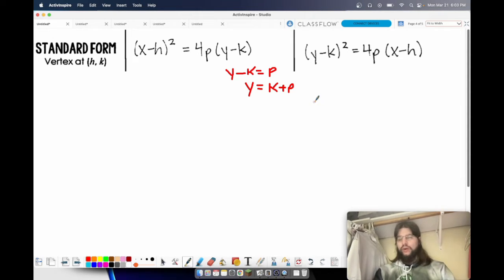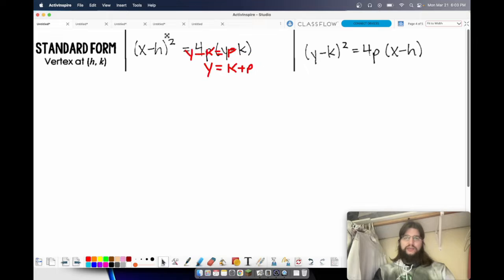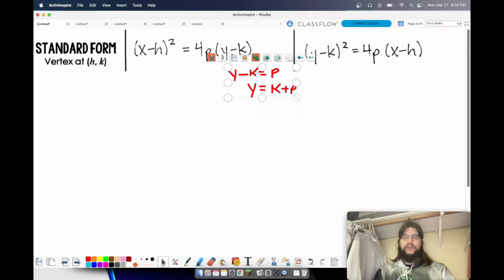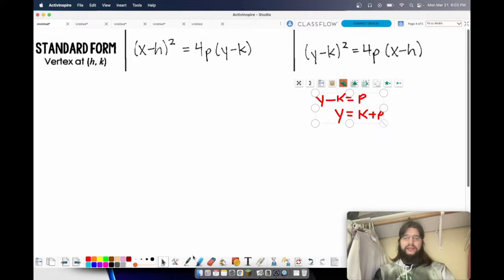But we're just going to get one point right now, okay? We can use our axis of symmetry to reflect it later. So this is my y coordinate, for a vertical one, by the way. Now what happens if we do that? Well, this becomes 4p squared.